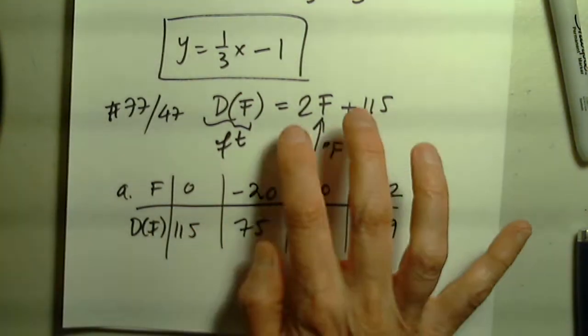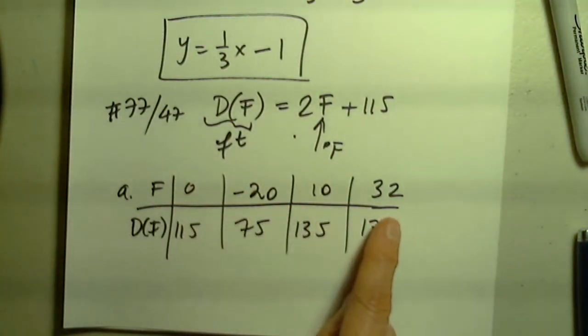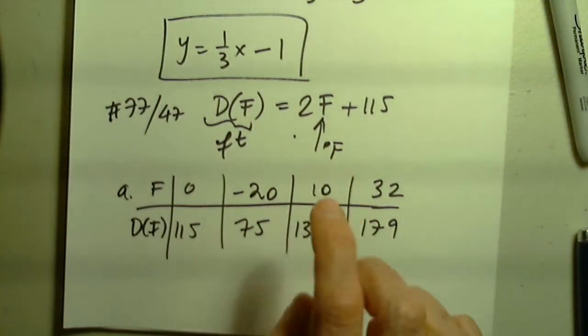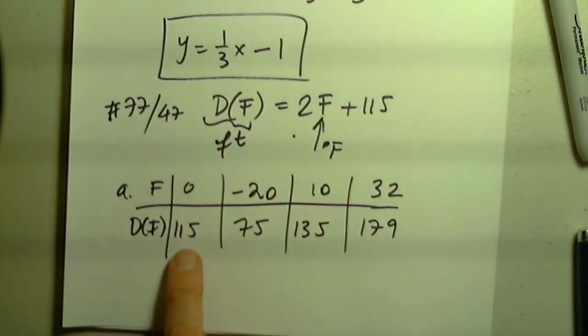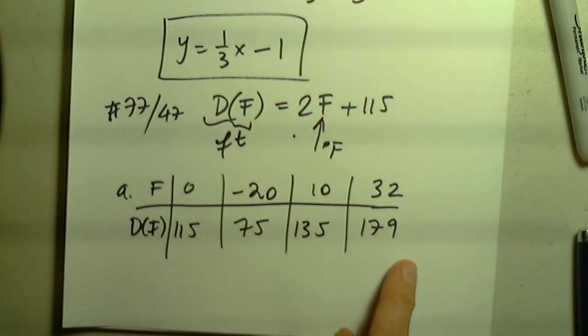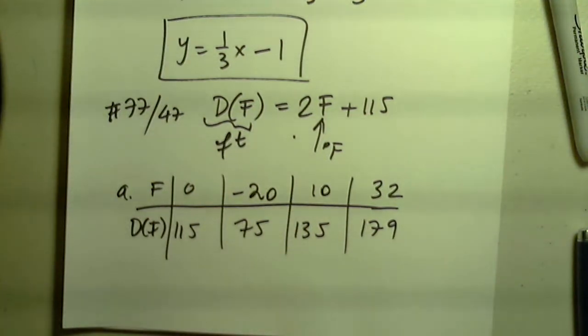So we plugged in the function, and for each value of the temperature in degrees Fahrenheit, I get the distance: 115 if it's 0, 75, and so on and so forth. I'm just going back to the function one more time just to make sure.